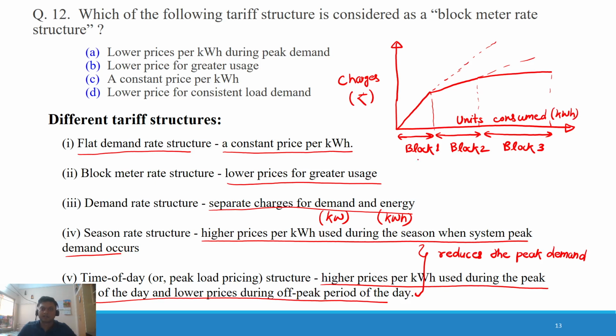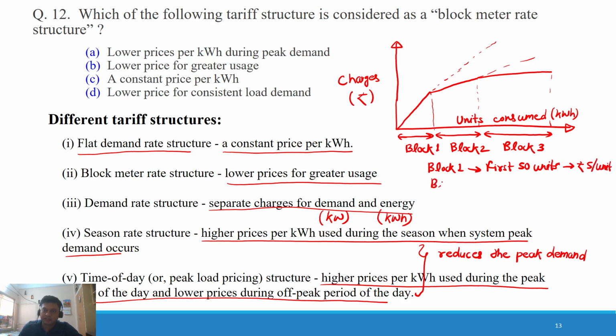kilowatt hour. So let us suppose that in block 1, the first 50 units are charged at the rate of rupees 5 per unit.